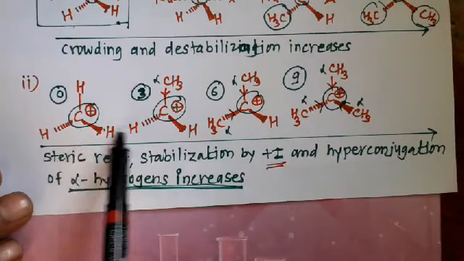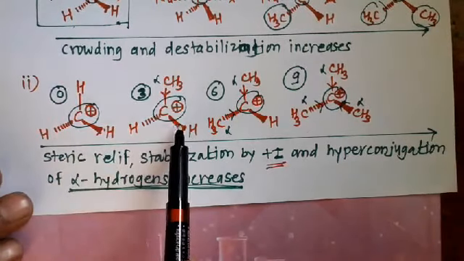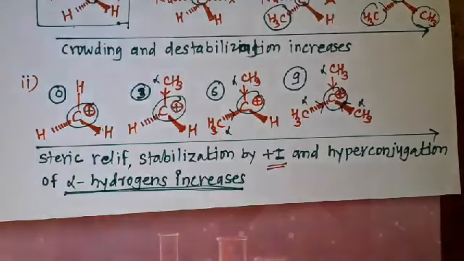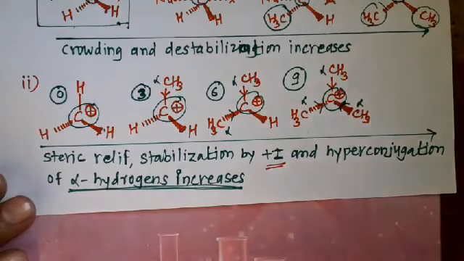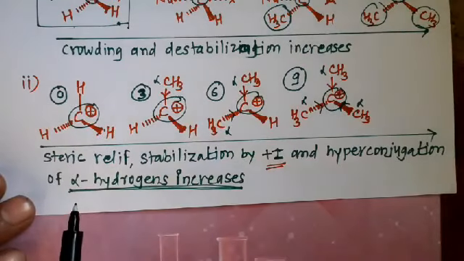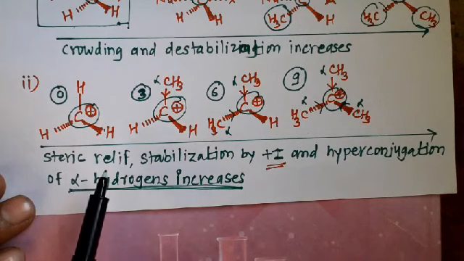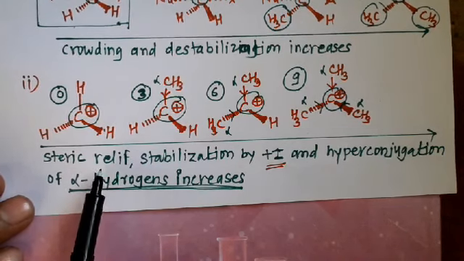Here, due to the planar structure, the steric crowding is spread over the plane, so the steric crowding decreases and stabilization increases. Hence, from left to right, as planarity increases, steric crowding decreases, meaning relief.